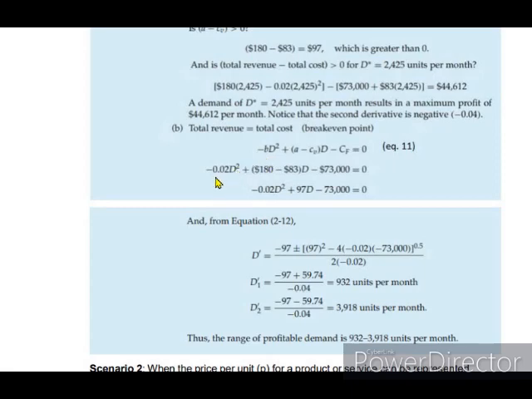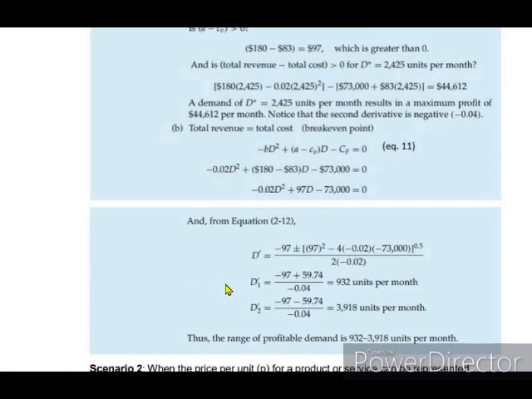For B, it is 0.02, so negative 0.02 D squared plus, for A, it is $180 minus C sub U, which is $83, multiplied by D, minus C sub F, which is $73,000, is equal to 0. So simplifying them, you have negative 0.02 D squared plus 97D minus $73,000 is equal to 0.